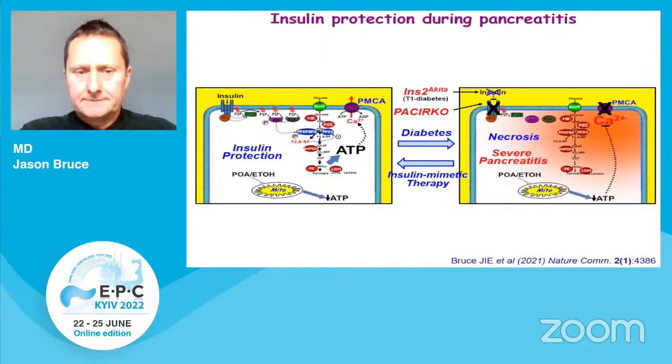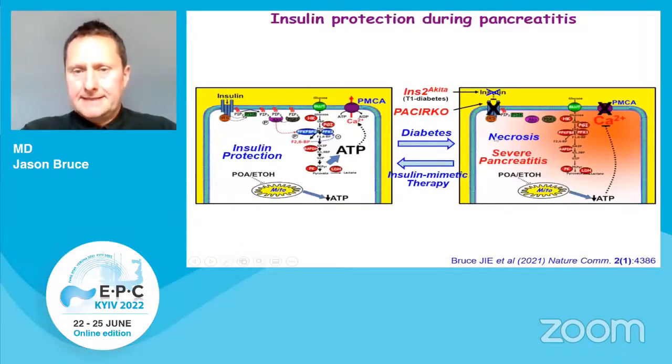So to summarize then, insulin protection during pancreatitis is caused by AKT-mediated phosphorylation of PFK-FB2, which drives glycolytic flux, maintains cellular ATP and PMCA function, even in the face of impaired mitochondrial function.